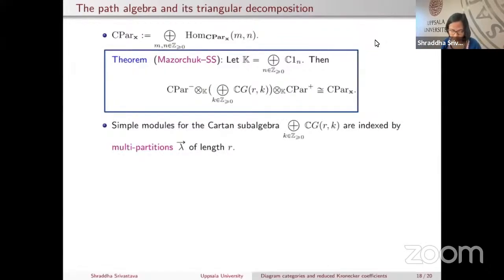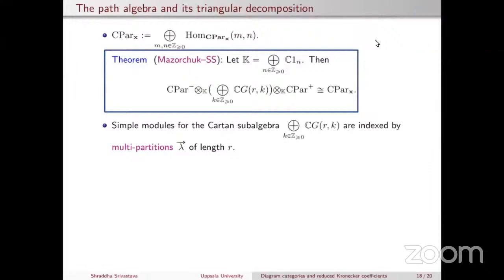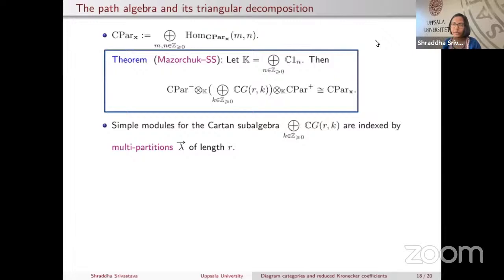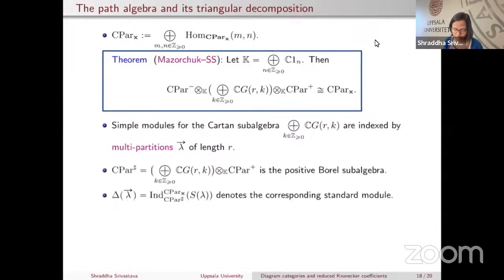And we know the irreducible representations of the complex reflection group are indexed by multi-partitions of length R. So these are all R-tuples of partitions. We can define a positive model, and also we have the standard modules, everything.